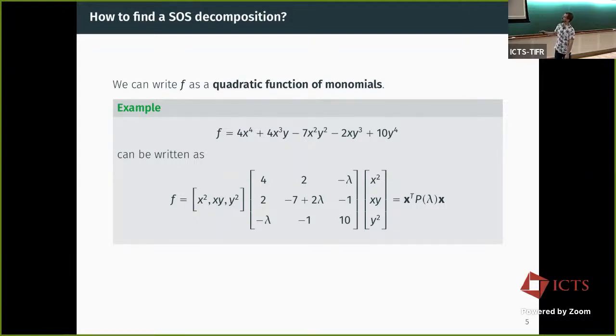And we can see here that this matrix has 1 degree of freedom. I mean, I picked this polynomial so that it is constructed like this. And this matrix P is going to be called a Gram matrix for this polynomial with this basis.